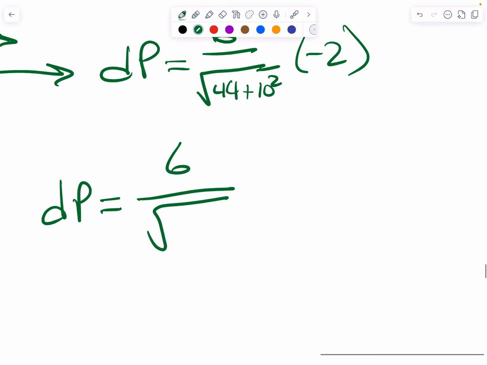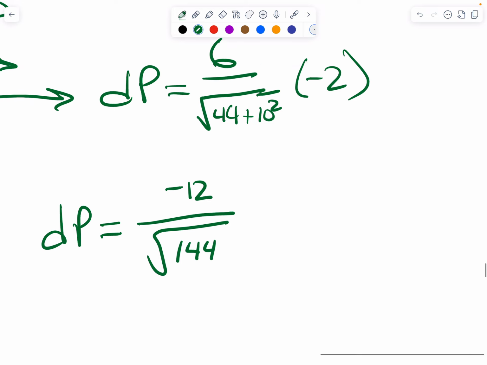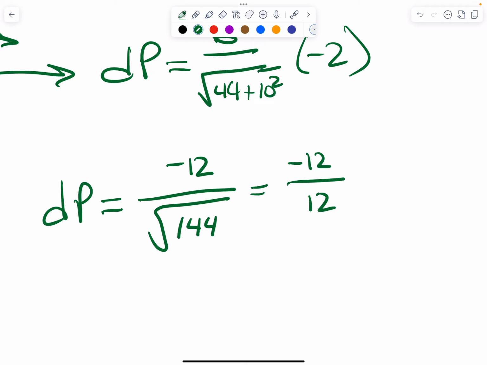I think we can handle this. 10 squared is 100. 100 plus 44 is 144. I guess we'll call this -12. -2 times 6. Now, if you really can't do the math, just leave it like this, box this up, and you'll get it right. But it's too tantalizing for me not to do this. Square root of 144 is 12. Cancel the 12s, and I get -1.